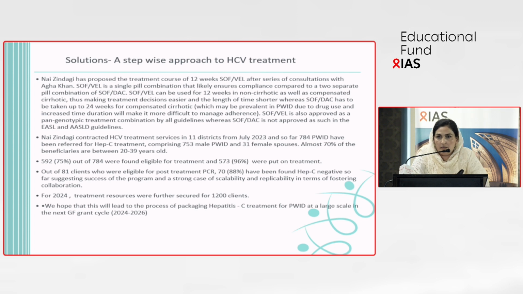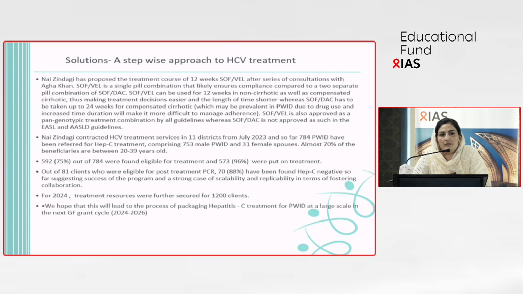So why was SoftWell selected for PIVOT? The reason was that it was a single pill combination and likely ensures compliance compared to the two separate pill combination of SoftDec. SoftWell can be used for 12 weeks in non-cirrhotic as well as compensated cirrhotic patients, thus making treatment decisions easier and the length of time shorter, whereas SoftDec has to be taken up to 24 weeks for compensated cirrhotic.